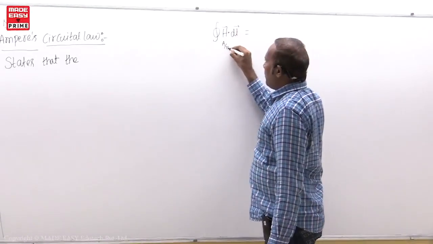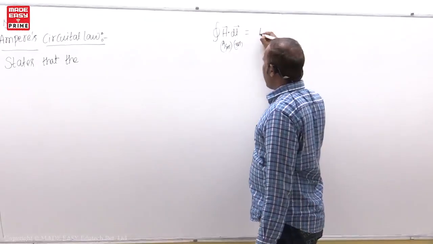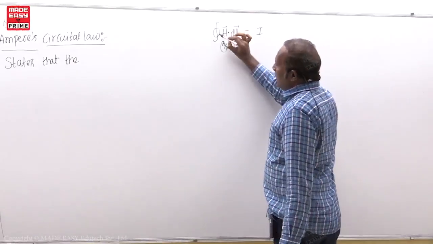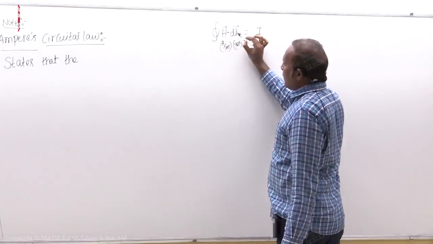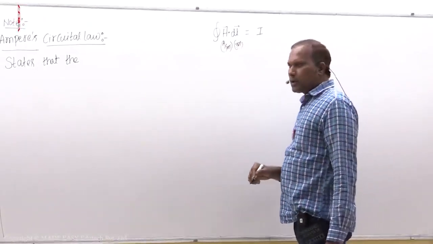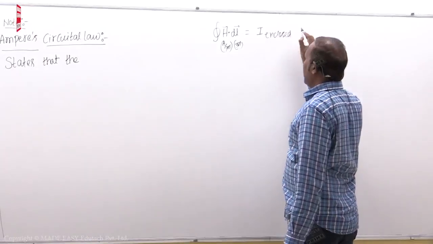this is ampere per meter multiplied with meter, meter cancels, we get ampere. Ampere means current, the symbol is I. Circle means closed, L means line, closed line. Current inside that closed line, the other name is enclosed, current inside the closed line.